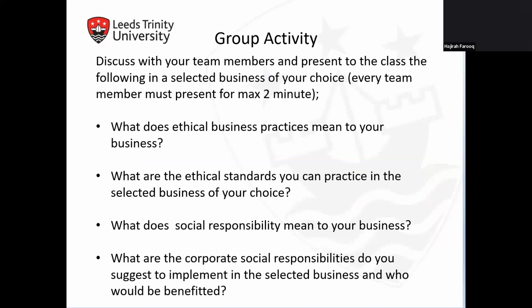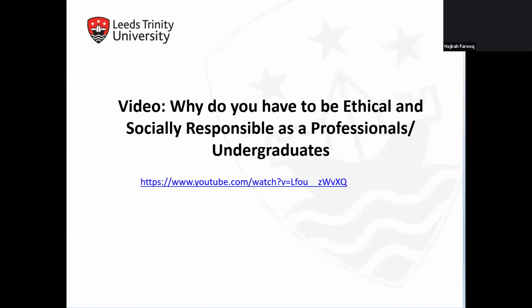Then we had a group activity with the students where they had to discuss with their team members and present to the class the following in a selected business of their choice. They had to discuss what ethical business practices mean to their business, what ethical standards they can practice in the selected business, and what social responsibility means to their business, and so on.